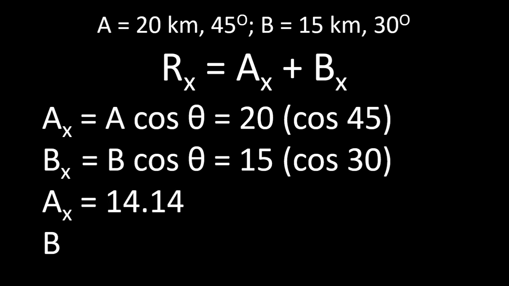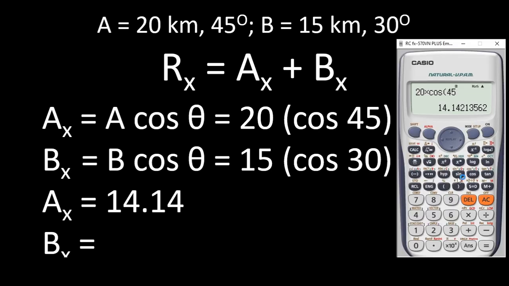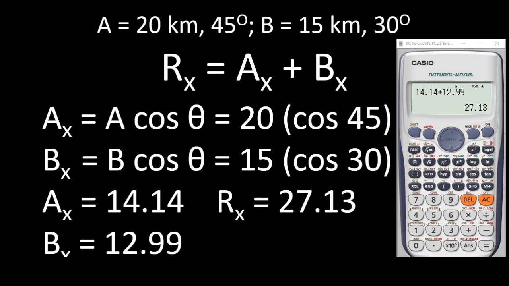For Bx, 15 times cosine 30 equals 12.99. Let's add these two numbers: 14.14 plus 12.99 equals 27.13. Let's save this for later.